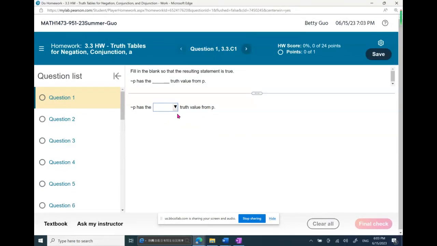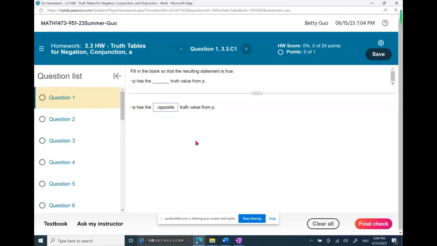Okay, so the negation of P has opposite truth value from P. For example, if P represents the statement that London is the capital of England, then not P would represent the statement that London is not the capital of England.